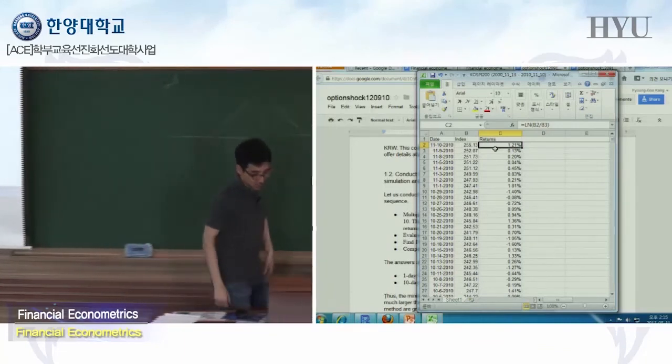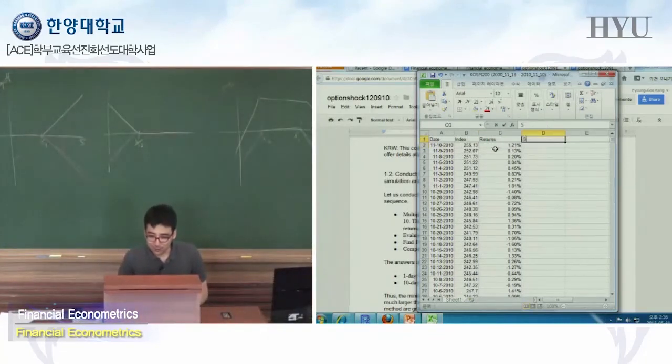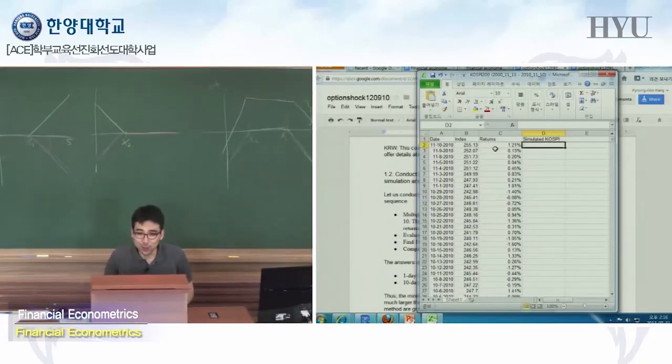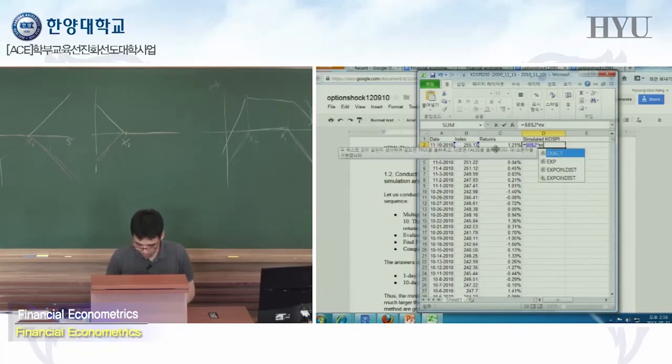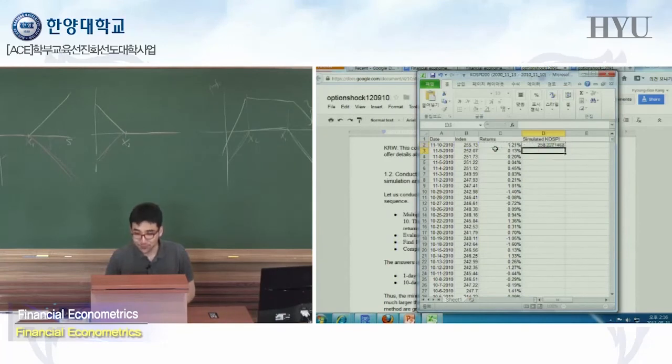So in this case, we can generate a simulated KOSPI. Since the KOSPI price is something like that, if yesterday's scenario happened again, then what would be the price of KOSPI 200 tomorrow? It should be this one multiplied by, since we took log, the exponential of this one, right?